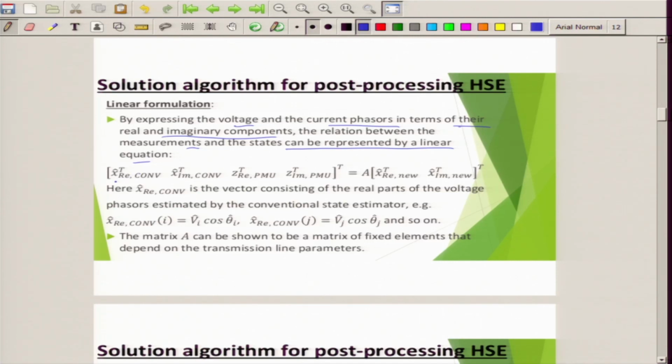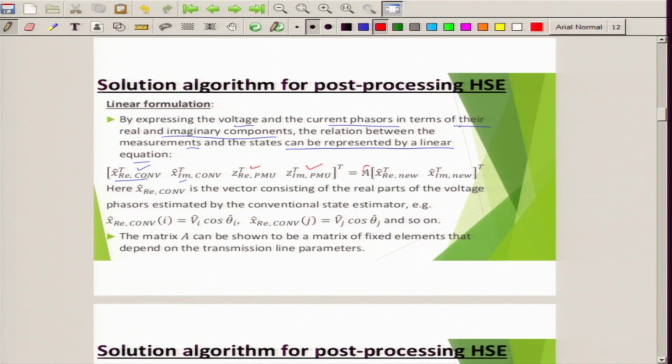Now X cap RE conventional indicates the real part of the estimated states which have been obtained through the conventional state estimator, and the imaginary part of the estimated states coming through the conventional state estimator, and the real part of the PMU measured data, which is not estimated, it is the actual measurement, and the imaginary part of the PMU measured data.